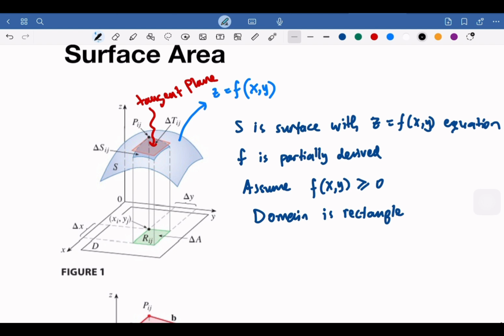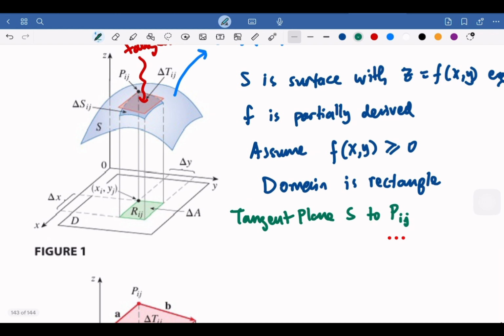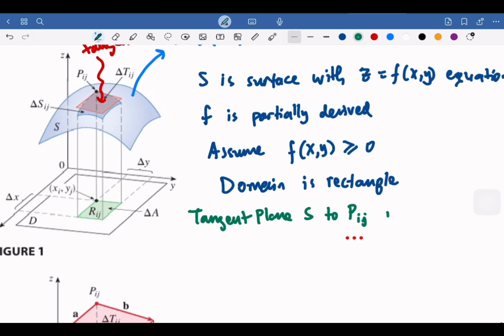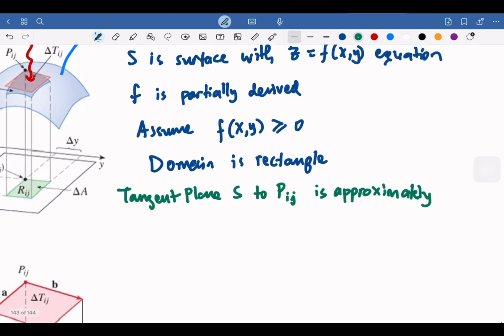In other words, we could also write the tangent plane to S at the point Pij, that is the point that we observe, is what we call an approximation to S near the point.